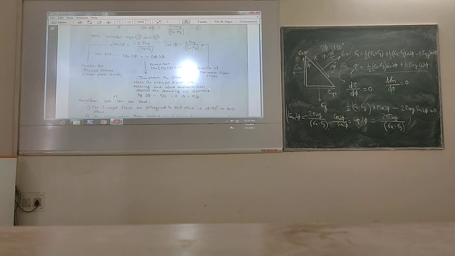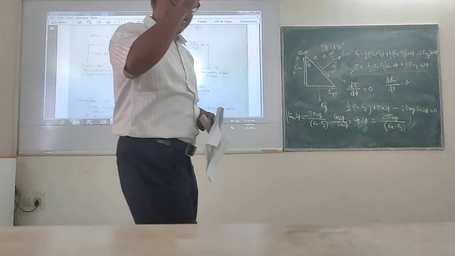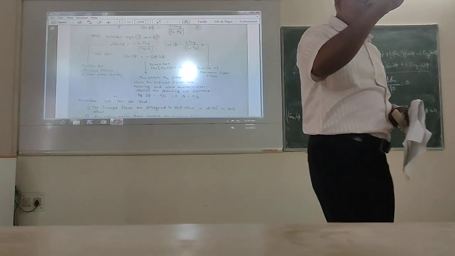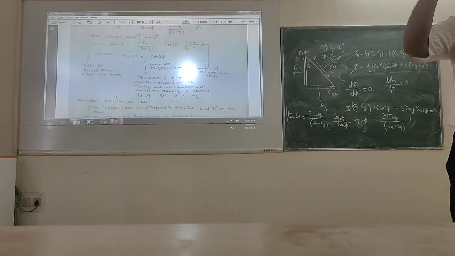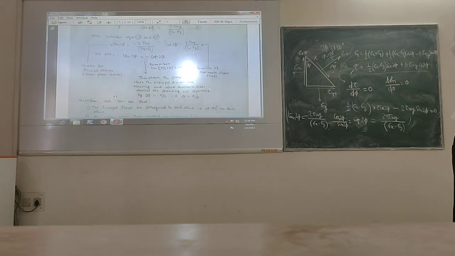So the planes where the maximum shear stresses will be occurring, they will be making an angle of 45 degree to the plane of maximum normal stress or minimum normal stress.